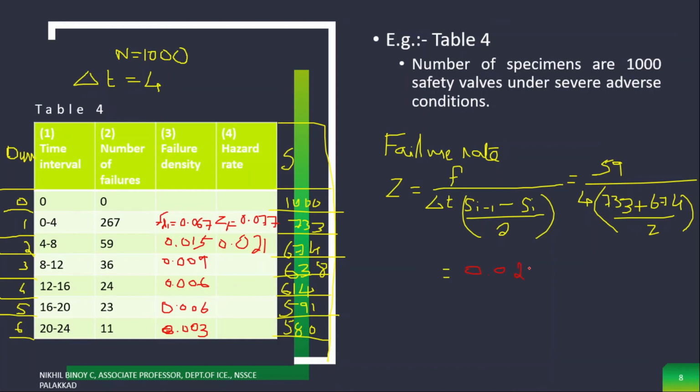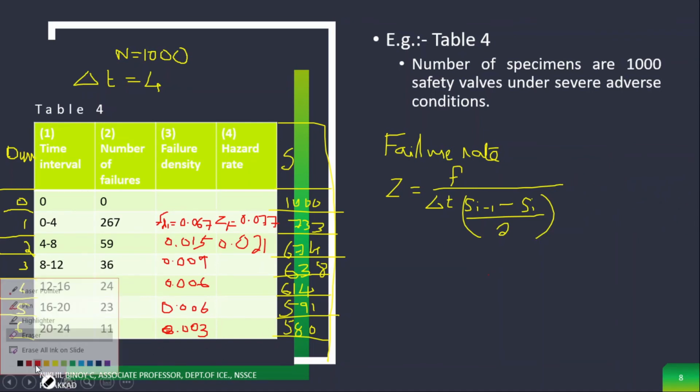Okay. So now we can find the remaining values. So corresponding to the third duration, number of failure is 36 divided by delta T is 4 into number of survival before the third duration is 674 plus number of survival after the third duration is 638 divided by 2.